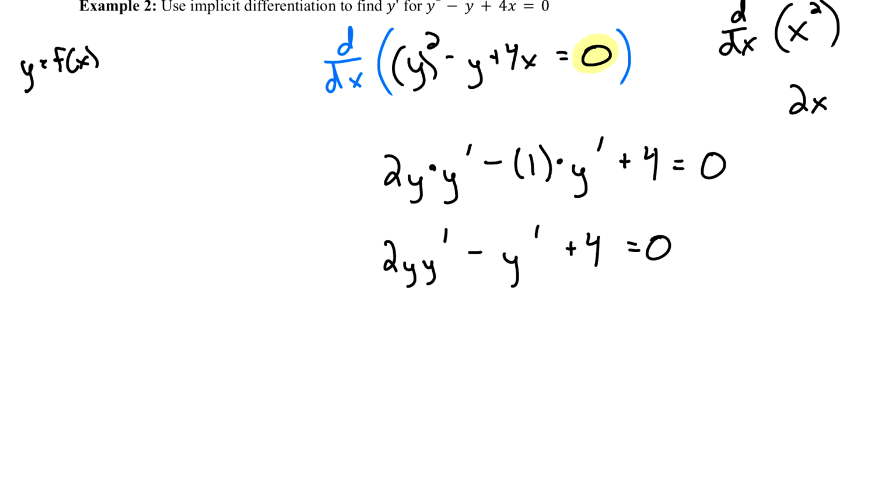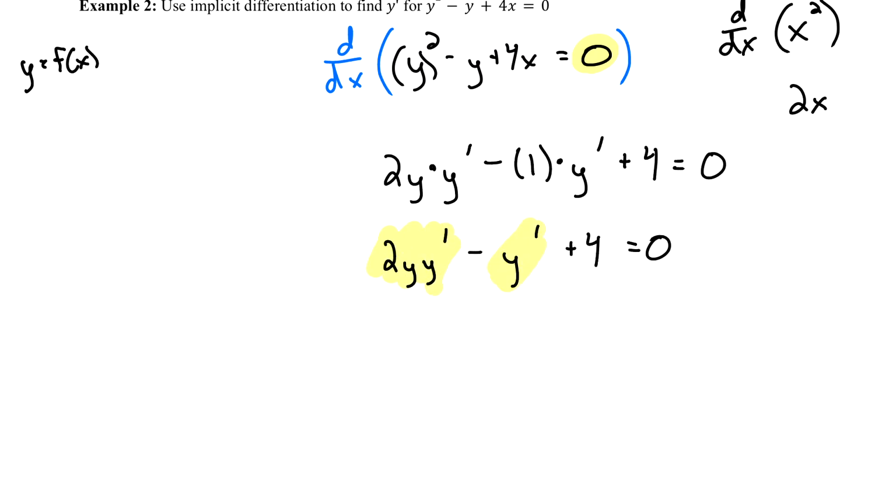My first step is always take the derivative, and I've done that here. My second step then is to solve for y prime. I'm actually going to solve for the derivative. In a problem like this, I'm looking for all the terms that have a y prime.